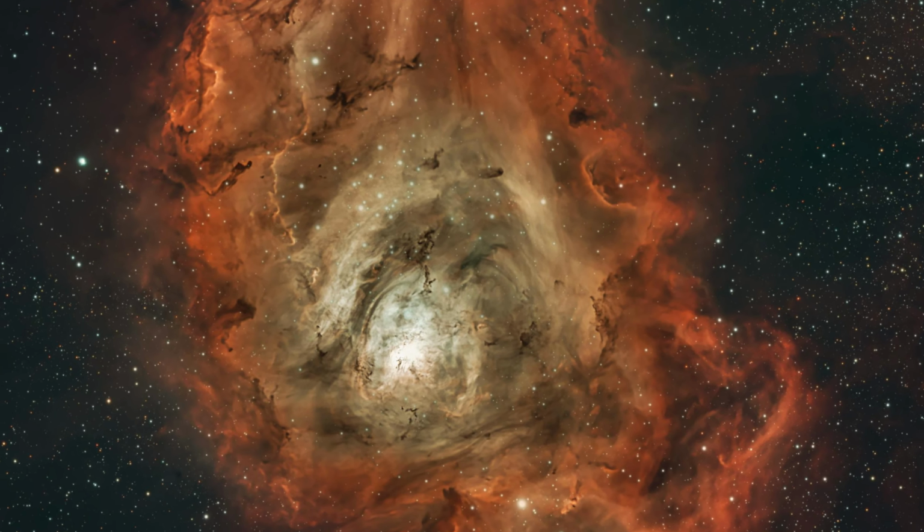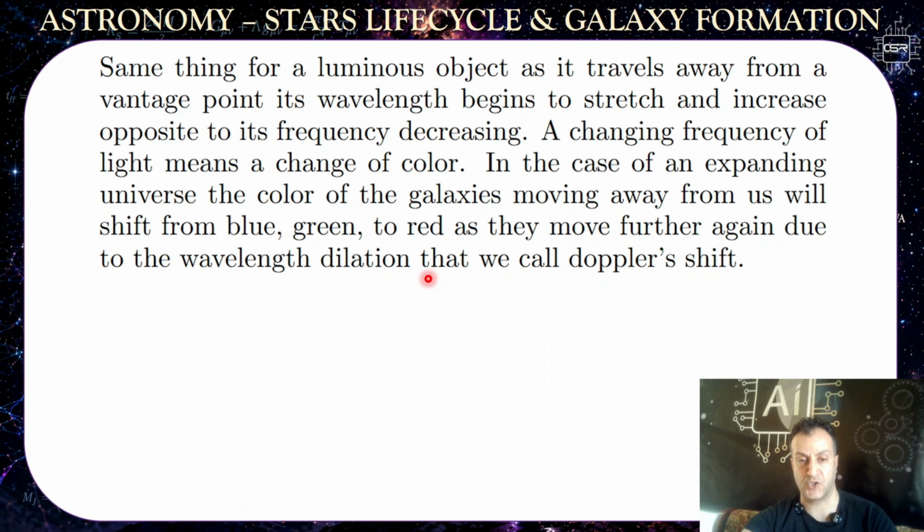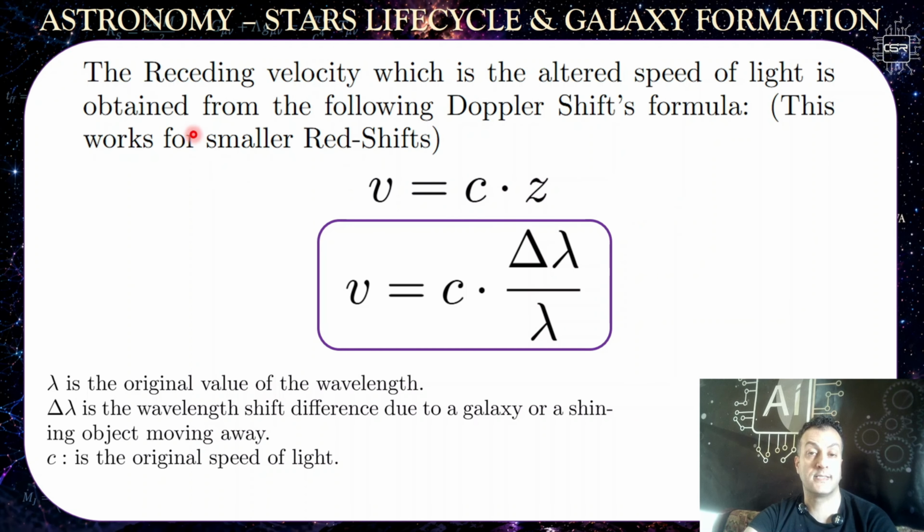It falls outside of the visible range. So as they move further away, the wavelengths start stretching, changing the frequency as well. This is due to the wavelength dilation that we call Doppler shift or Doppler effect. The receiving velocity, which is the altered speed of light, is obtained from the following Doppler shift formula.